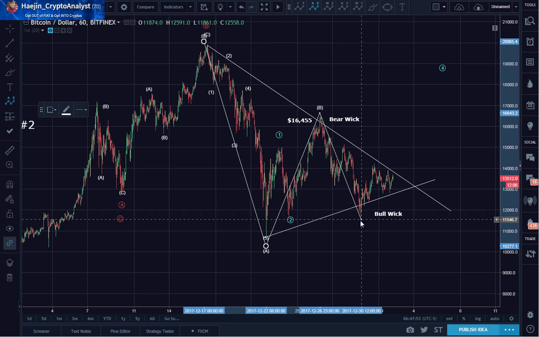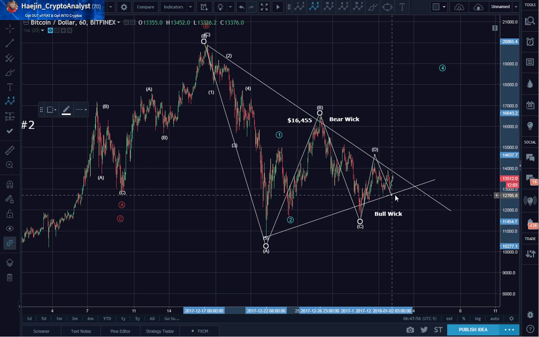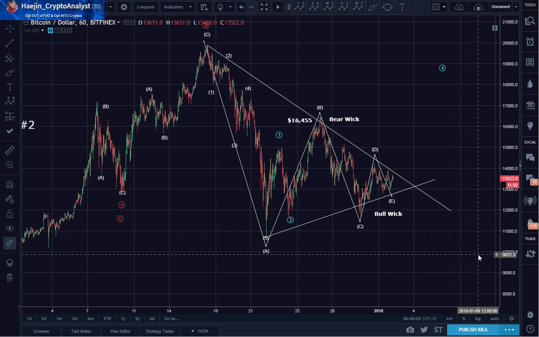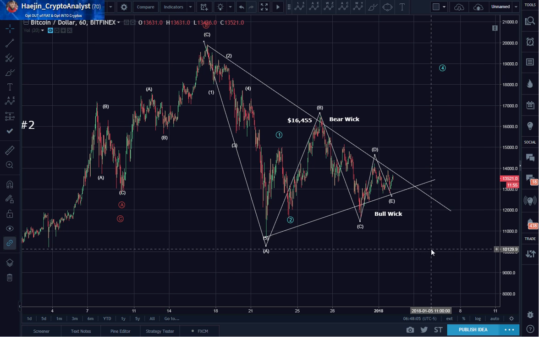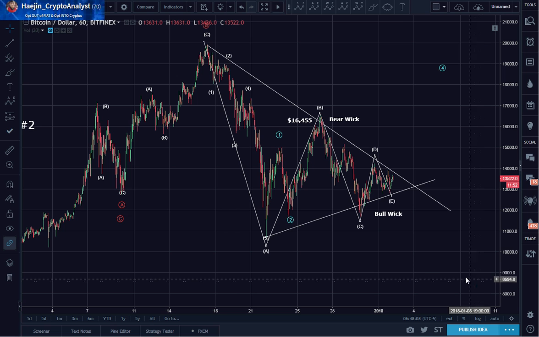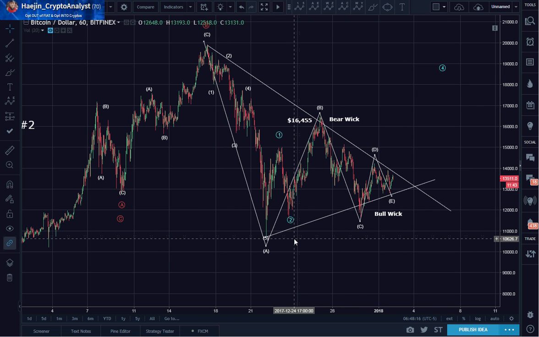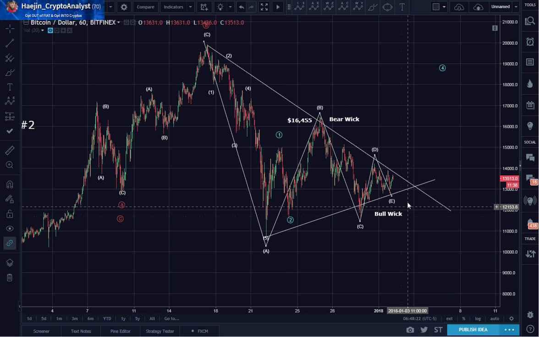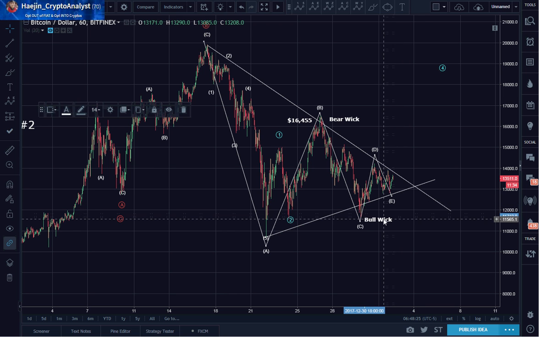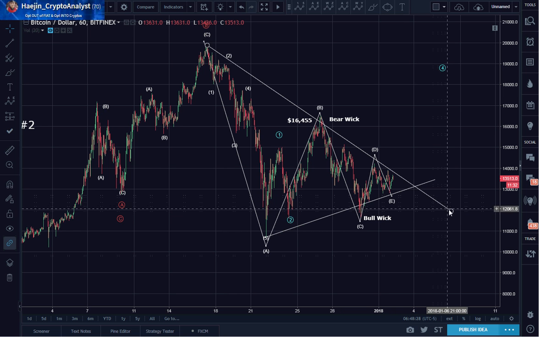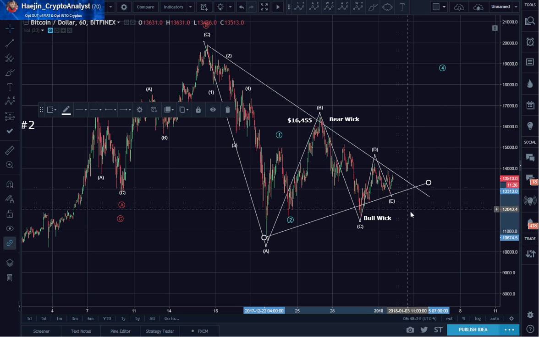A, B, C, D, E. If this is the case, then I believe if this is the correction, and it certainly fits, then I believe the bottom could be in. That we are going to get a turn in the price of Bitcoin.